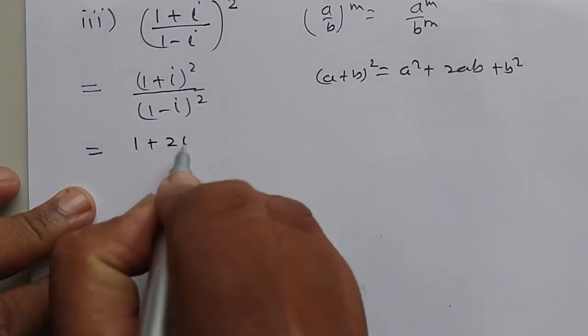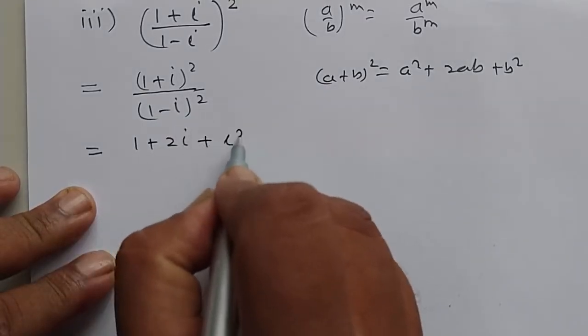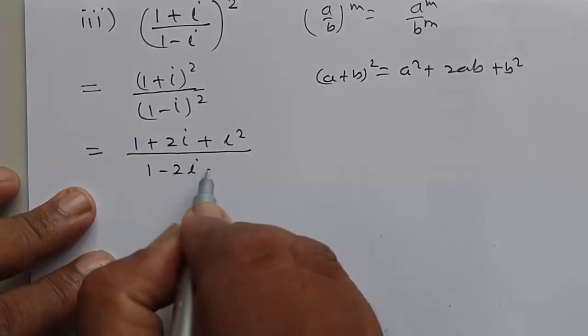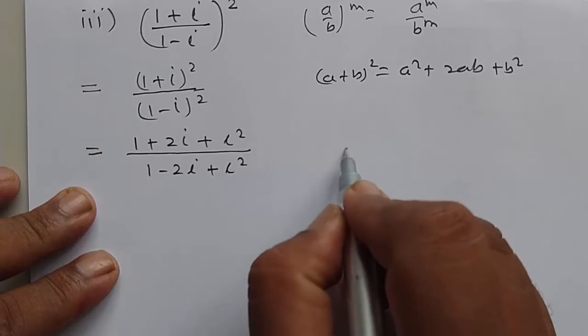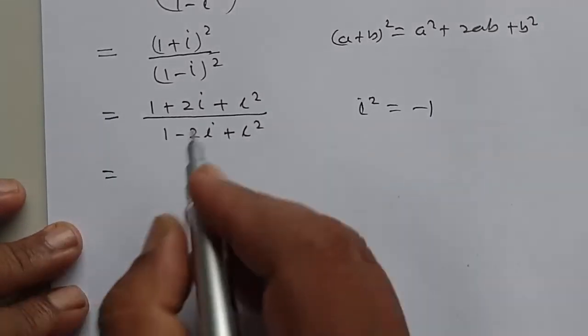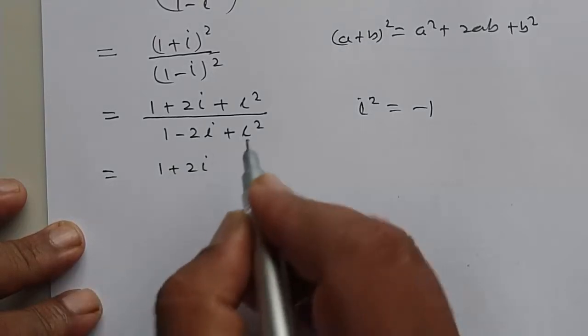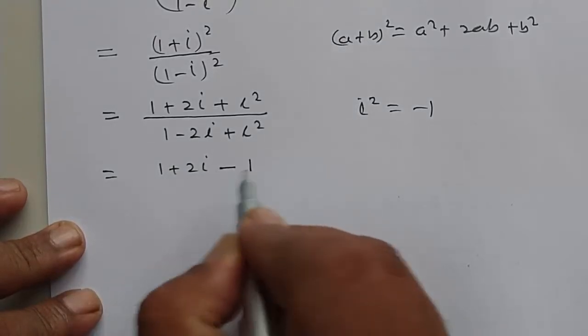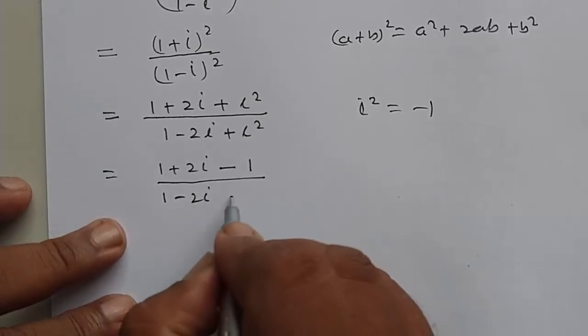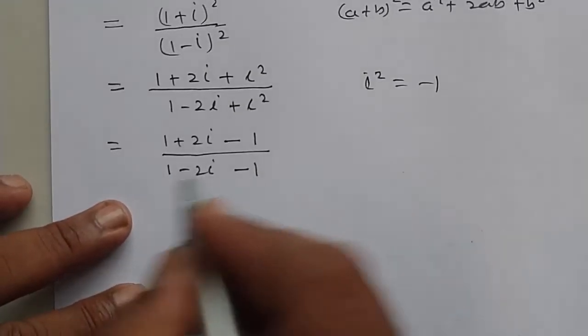1 plus 2i plus i square upon 1 minus 2i plus i square. Now i square is equal to minus 1. So this is equal to 1 plus 2i minus 1 upon 1 minus 2i minus 1.